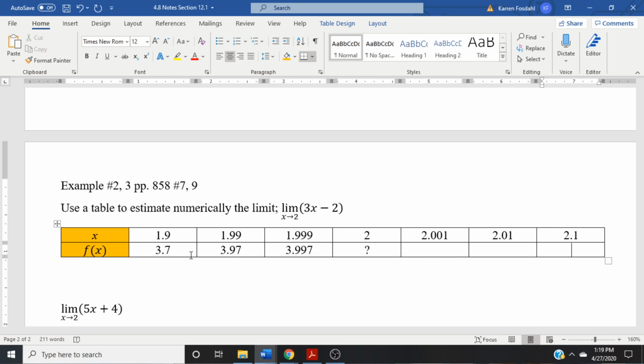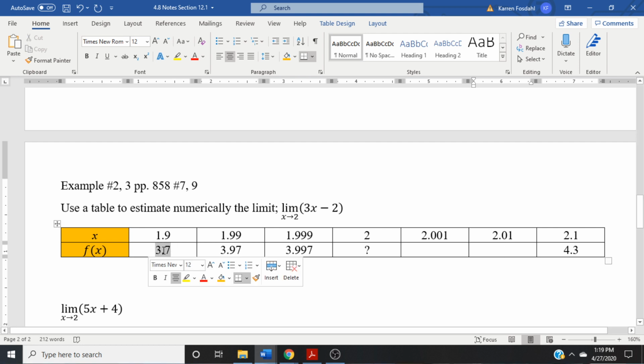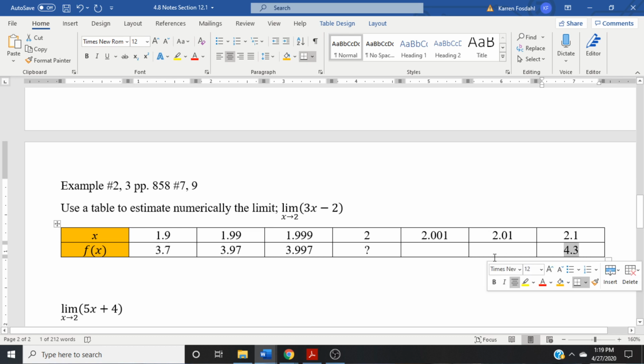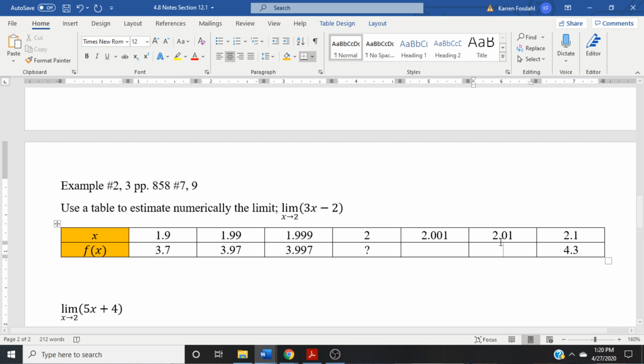3 times 2.1 minus 2, and this is going to be 4.3. And you might be like, well, these two numbers are different, right? Well, you're going to see something of a symmetry here. 3 times 2.01 minus 2 is 4.03.